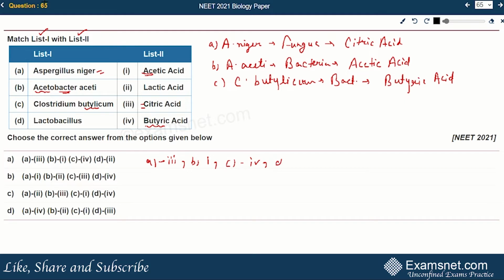Okay, and then the last one is lactobacillus. Again here it is written bacillus, so it's quite clear that this is a type of bacteria. Okay, and it is responsible for the production of lacto and lactic are similar, so lactic acid. So the correct match for D is number 2. So which of the given options correctly fit this? Number A, right? So this is the right option.